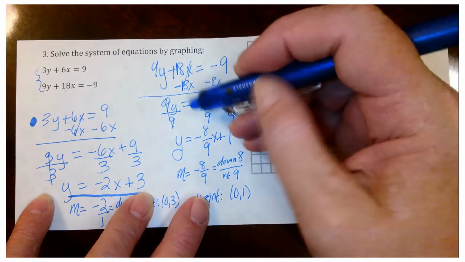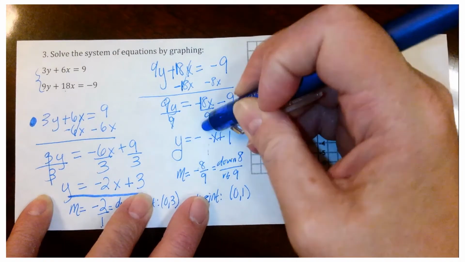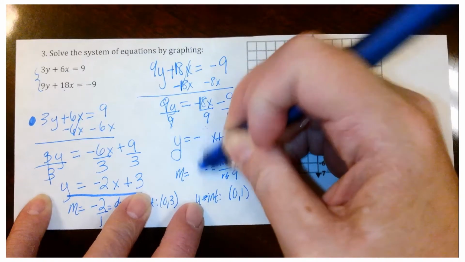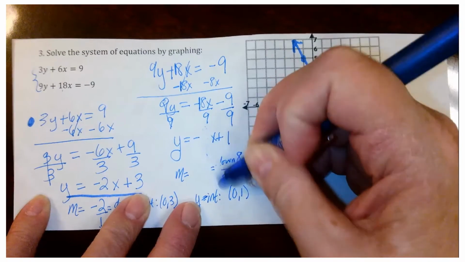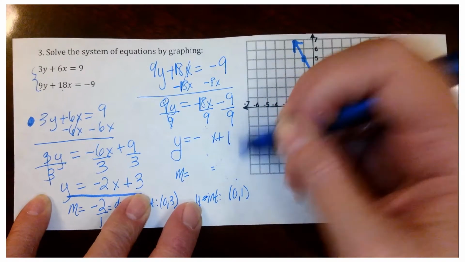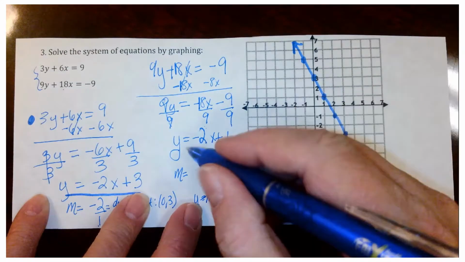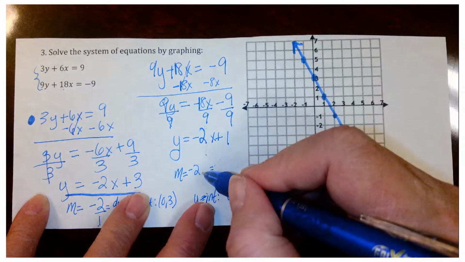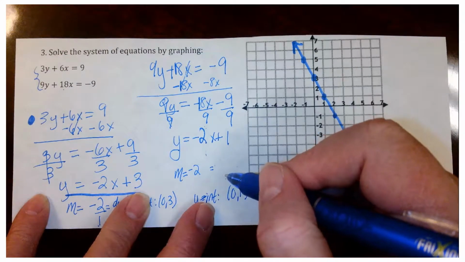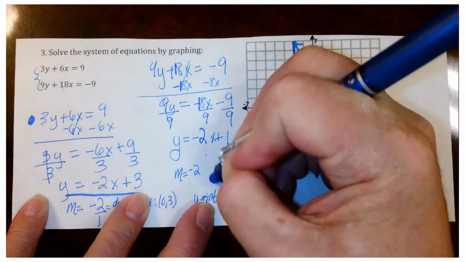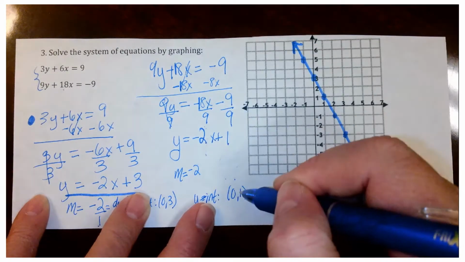I would have negative 2. Oh, this is starting to make way more sense, right? Okay, so negative 2, still have this same (0, 1).